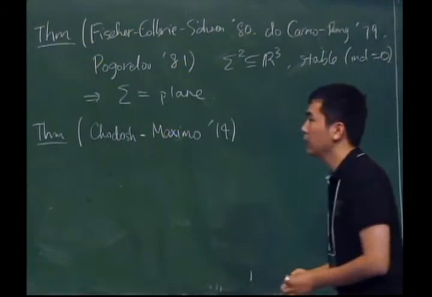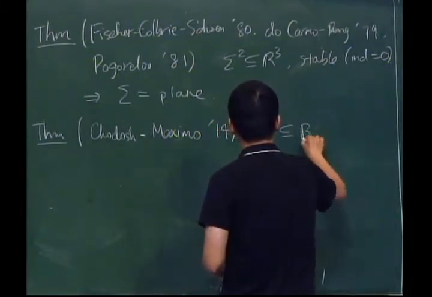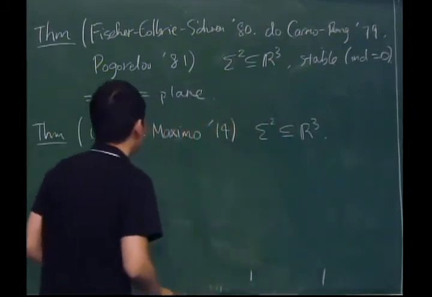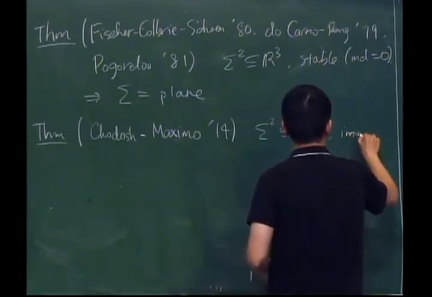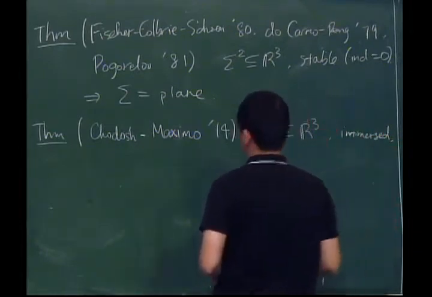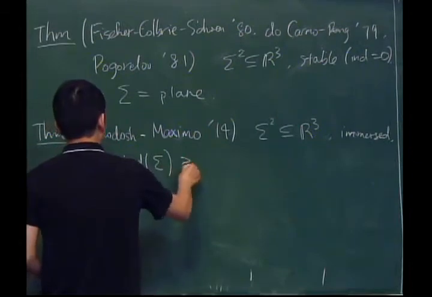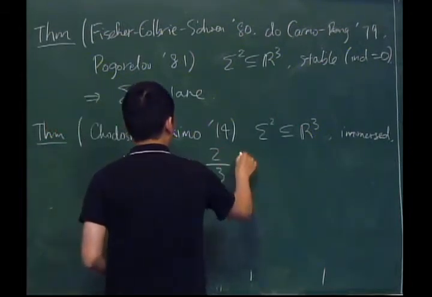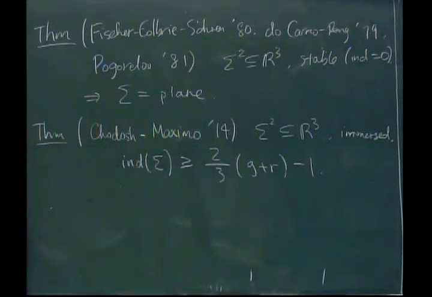In their recent paper, they can prove that for a 2-dimensional surface contained in R3, let's say an immersed surface, then the Morse index is at least a linear function depending on g and r. Okay.